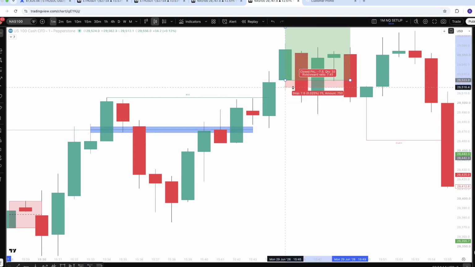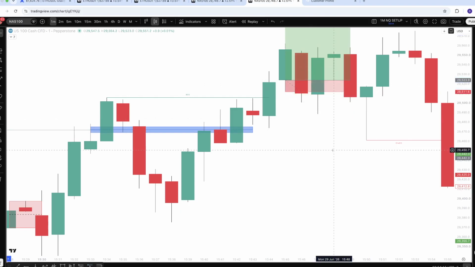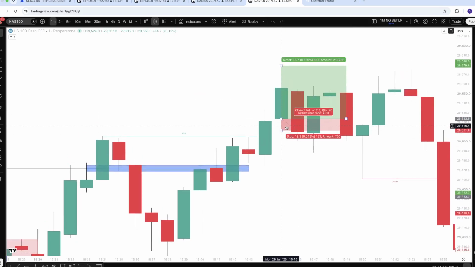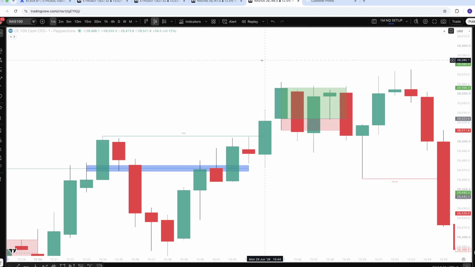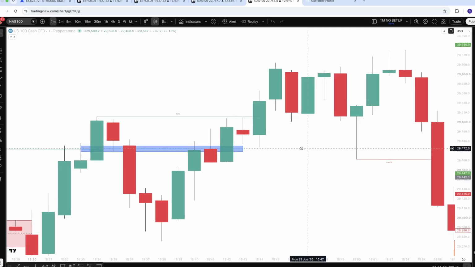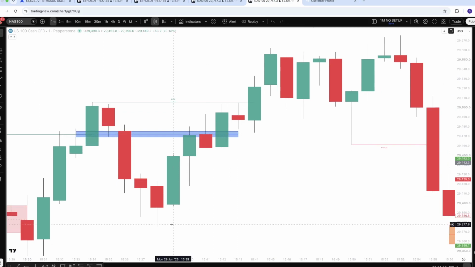You just look, what is my stop loss? It's 12 points. When you hit, you're in the trade, then you put your stop loss in, you know it's 12 points, which is one contract, it's $250, and you can go for 1 to 2, whatever is your style. But I'm just trying to explain to you how I would read the candle.